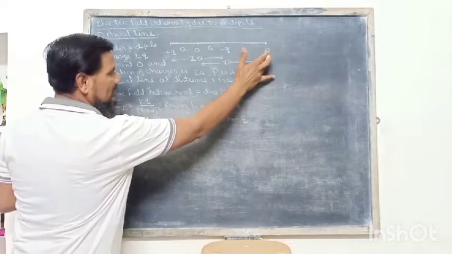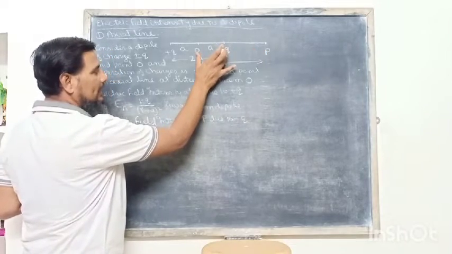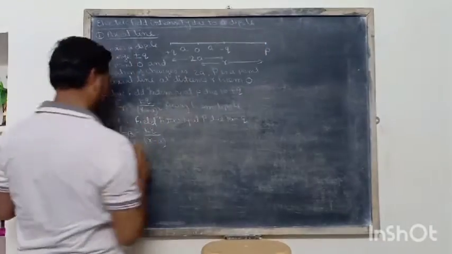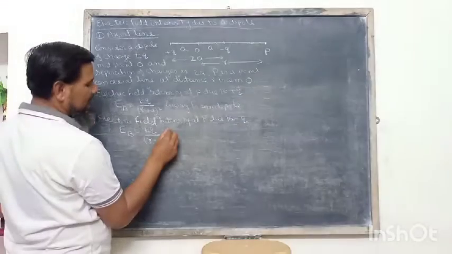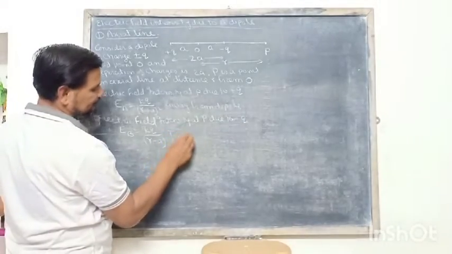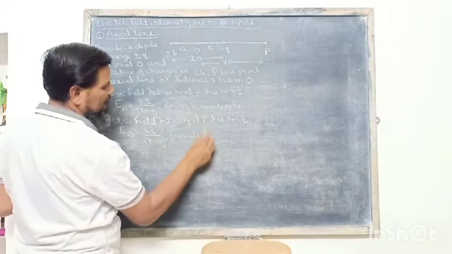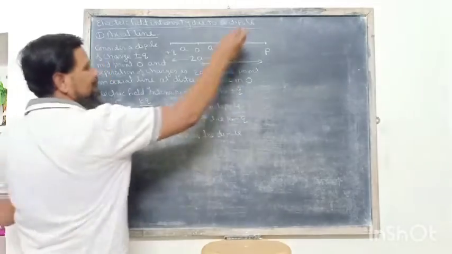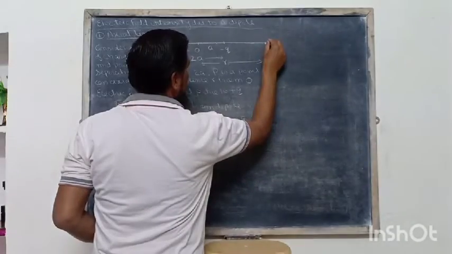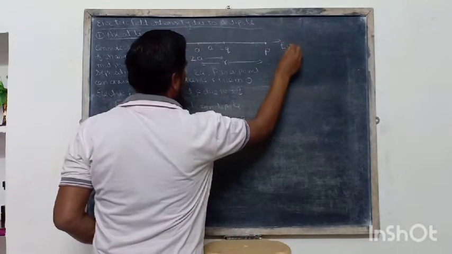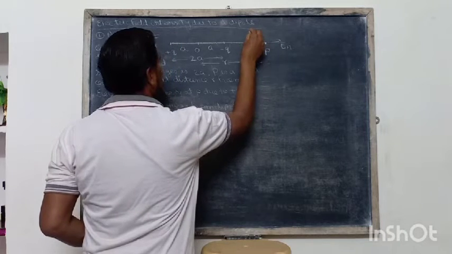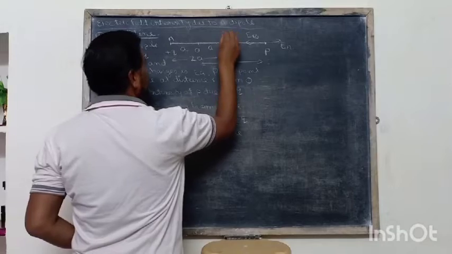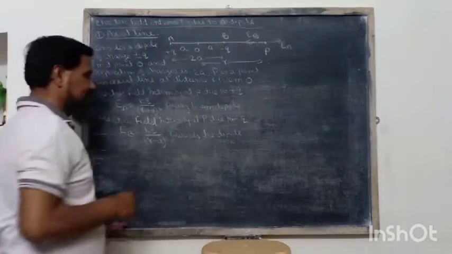This is the total distance r, and this is A. It is subtracted, so this distance will be r minus A, and the direction will be towards the dipole. This direction is EA, and this direction is EB. We consider this point A and this point B.